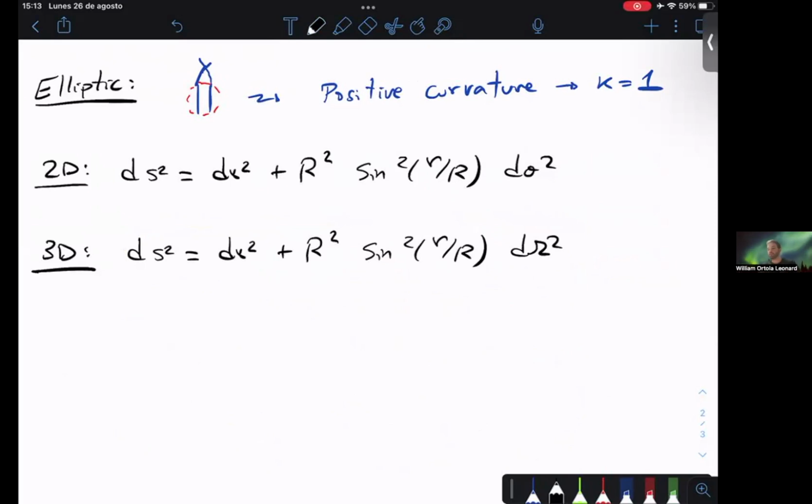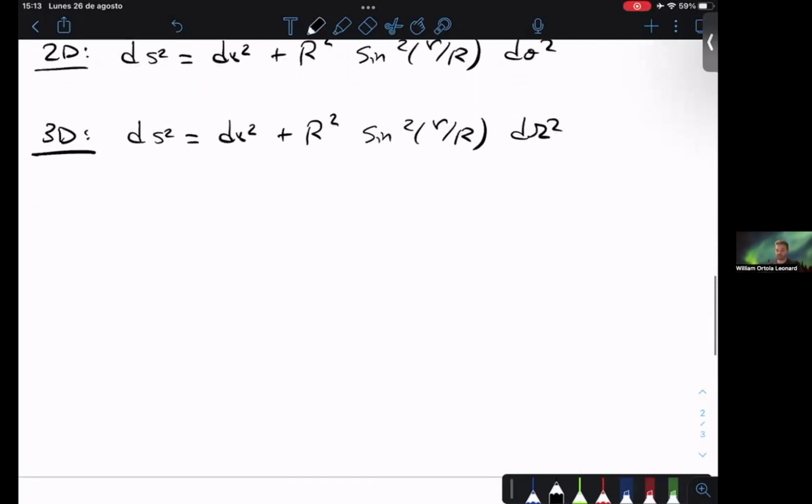And this is kind of like some of the possible geometries that we can have, depending on which type of geometry you have in your space. But now we're going to take a look at what we actually have when we have a universe which is homogeneous and isotropic, as the cosmological principle dictates.